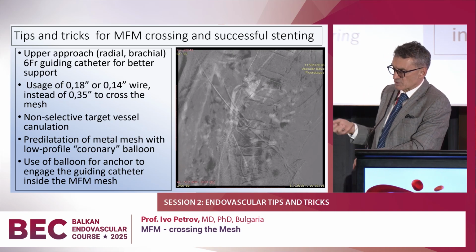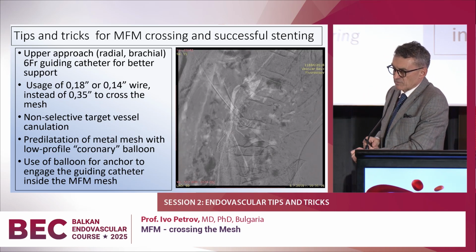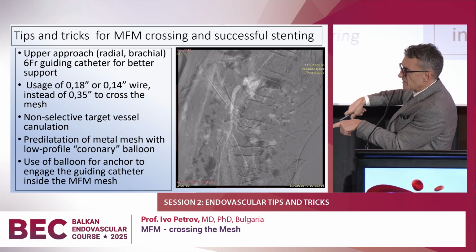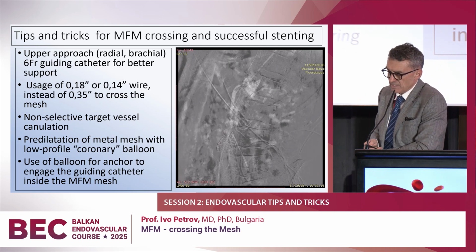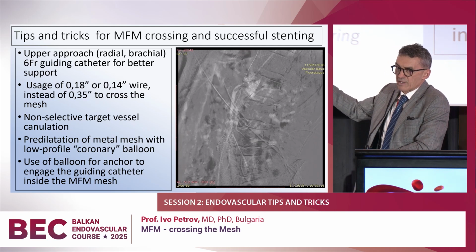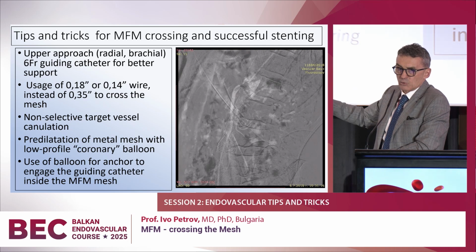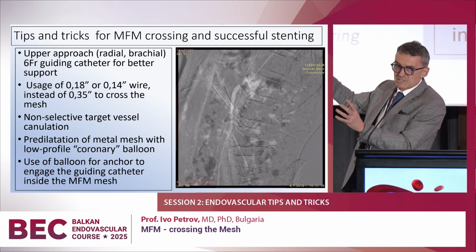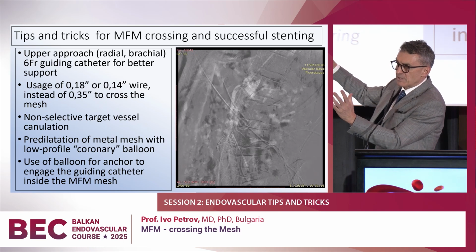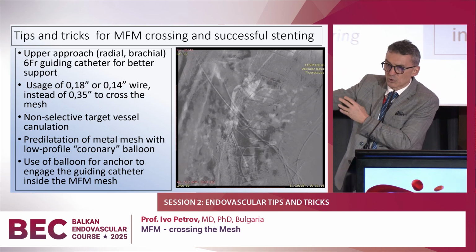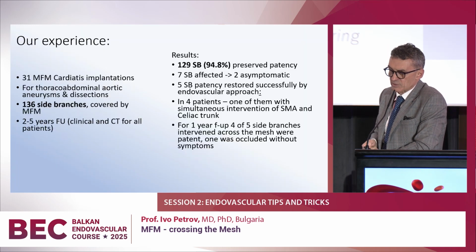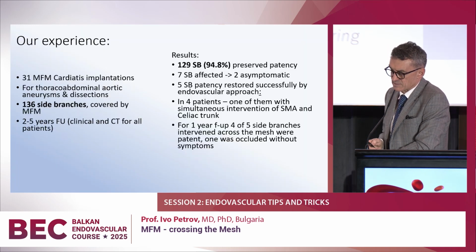So we have to cross the mesh, and this is one of the patients treated for AAA with a bifurcated version of the MFM. And you see what we are doing. We are crossing with a coronary wire. We are crossing with a coronary balloon with incremental size, starting with 1.5, 2, 3, 4, 5 millimeters, and finally crossing with the guiding catheter in order to have the possibility to implant a stent.